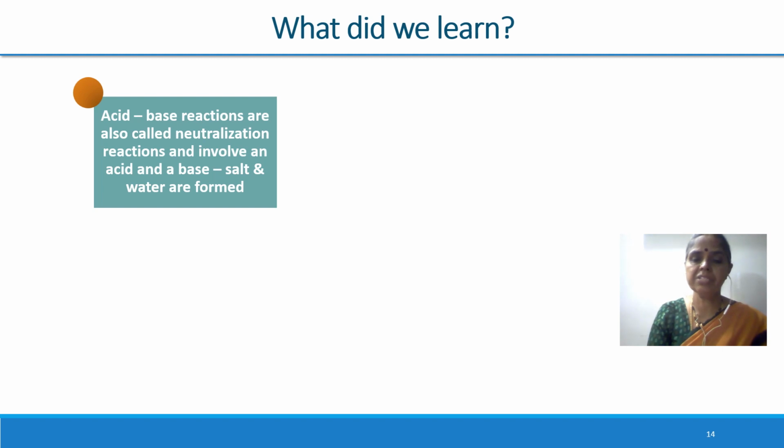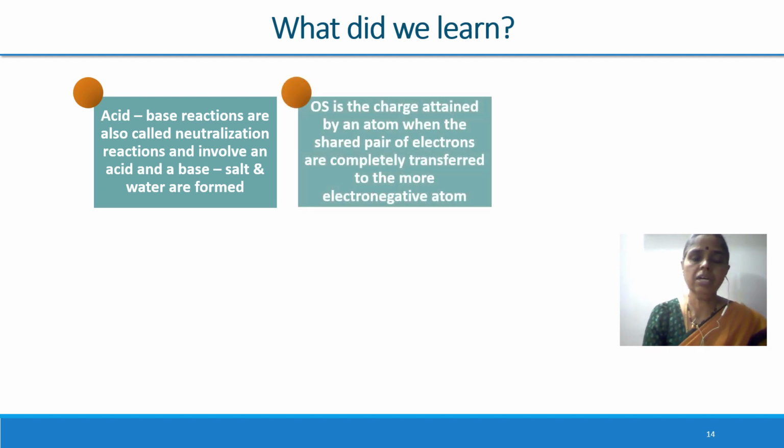So, acid-base reactions result in the formation of salt and water. Then we have learnt that oxidation state is the charge attained by an atom when the shared pair of electrons are presumed to be completely transferred to the more electronegative atom. Under such circumstances, the charge acquired by an atom is considered as the oxidation state or the oxidation number.